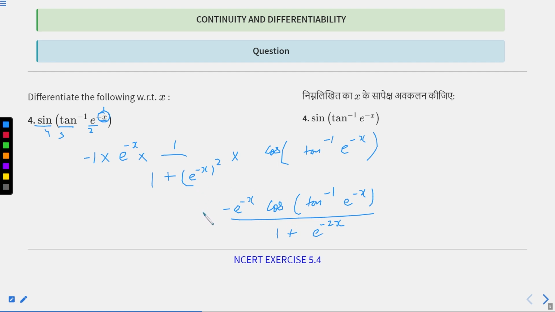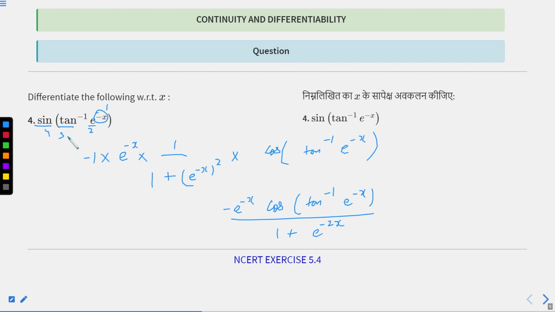I hope that it is very easy to understand. What is happening in such type of questions: you give your expression numbers like these, innermost function, then outer and the outermost function.